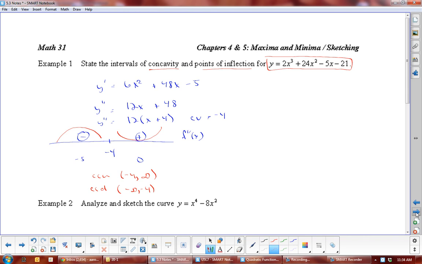And then it asks for the points of inflection, so that would occur at f of -4. But I've got to take -4 and put it into my original equation, and I get 255. So the inflection point is (-4, 255).